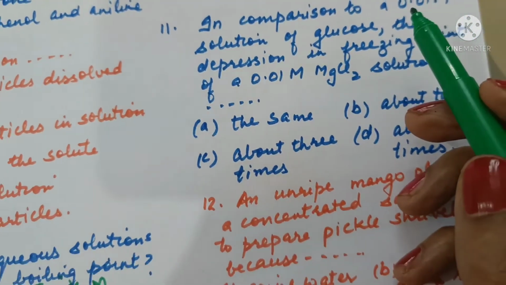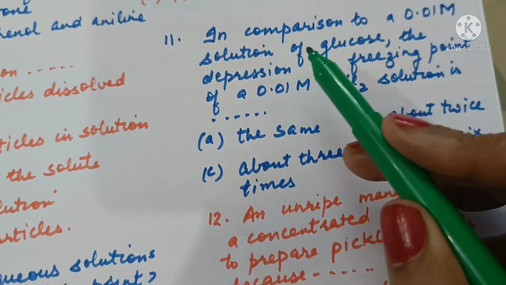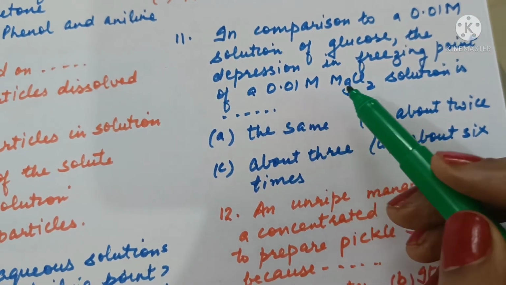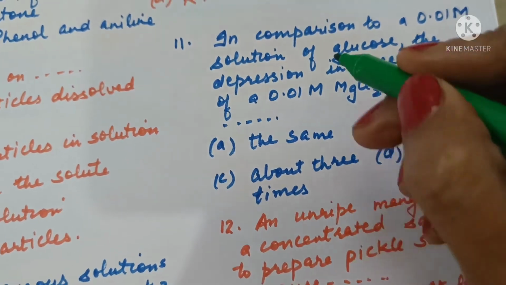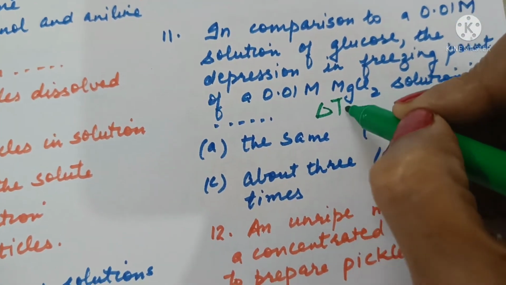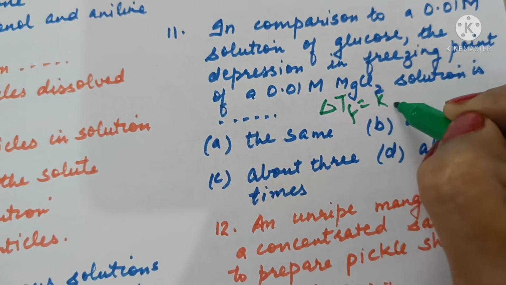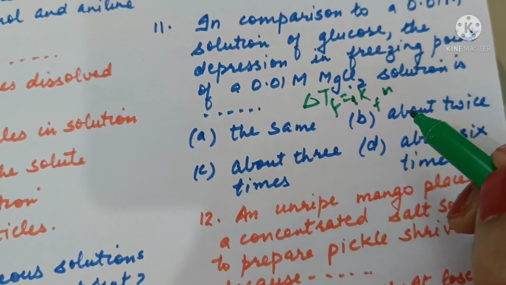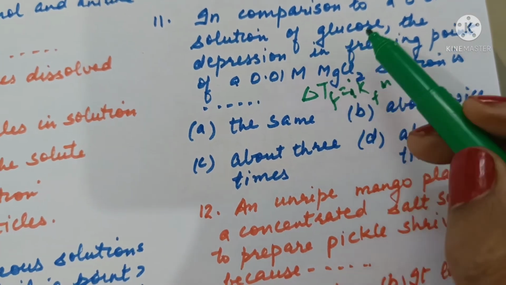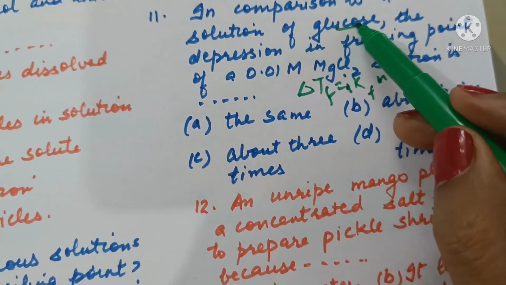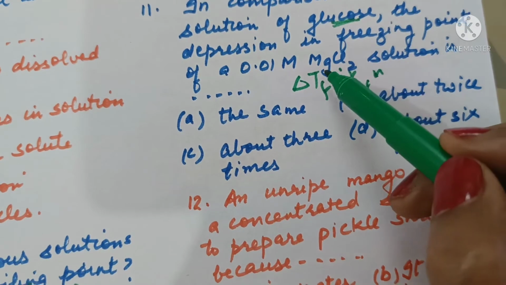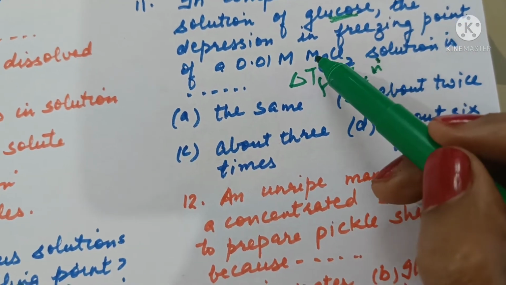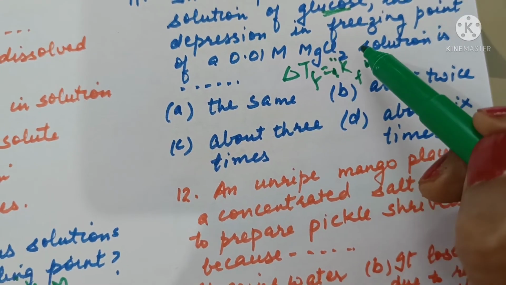In comparison to a 0.01 molar solution of glucose, the depression in freezing point of 0.01 magnesium chloride solution is... We know that delta Tf is equal to Kf into m into i. As the solute changes, glucose does not show any dissociation, whereas MgCl2 will dissociate into 3 particles, magnesium ion and 2 chloride ions.